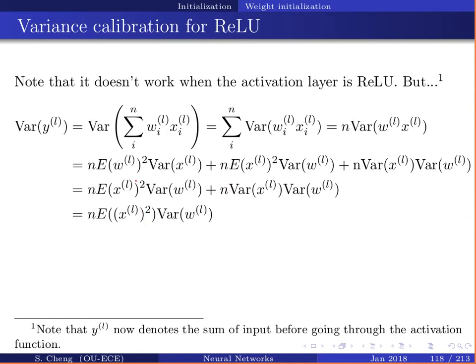You can see this square is inside here. Remember, variance is equal to the expectation of XL squared inside minus the expectation of XL outside, squared. So this term and this term got cancelled, and I only have this term left.